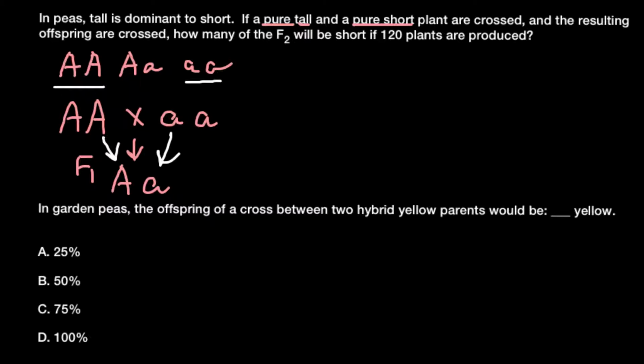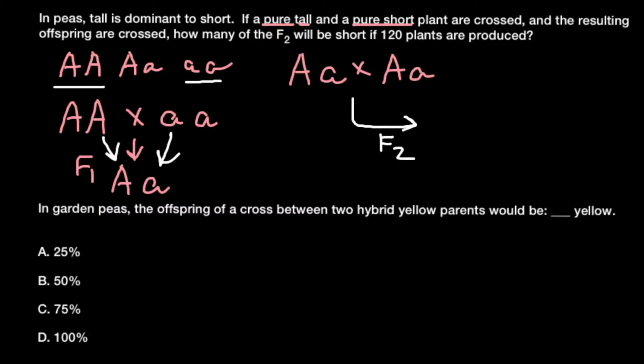The next step would be to cross the F1 generation, or self-pollinate. So this is going to be capital A, small a, and we have to cross it with the same genotype, capital A, small a. The F2 generation would be as follows.